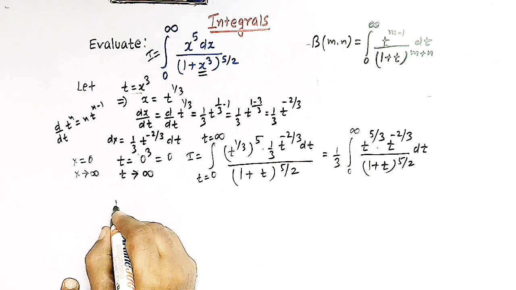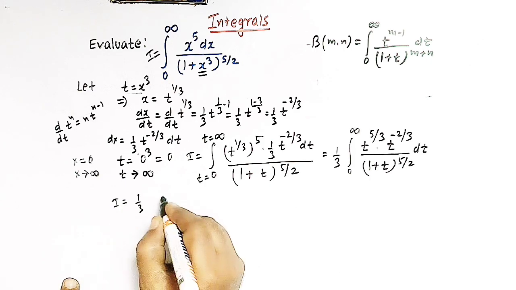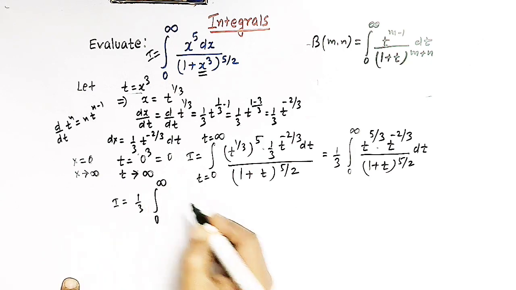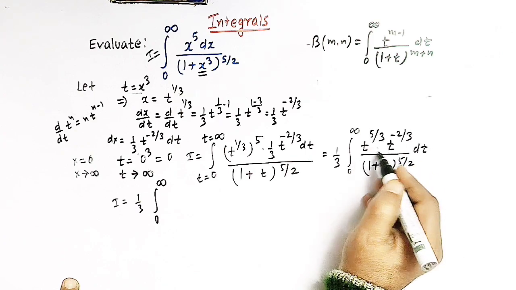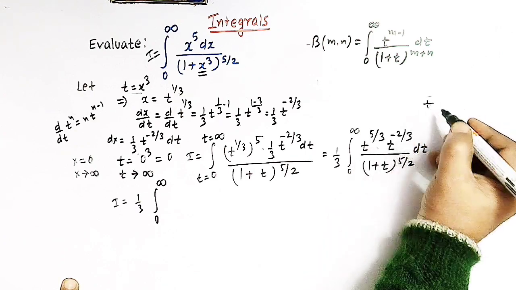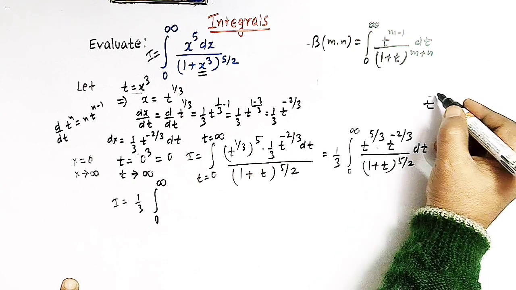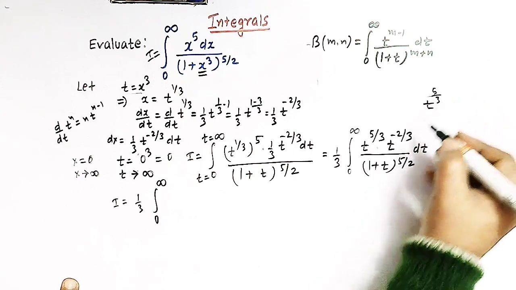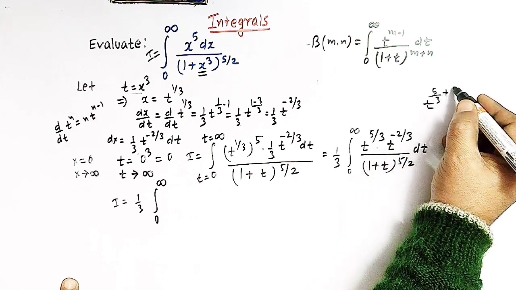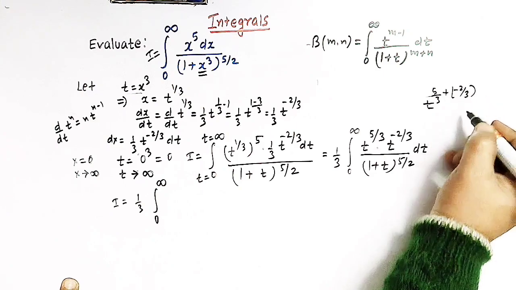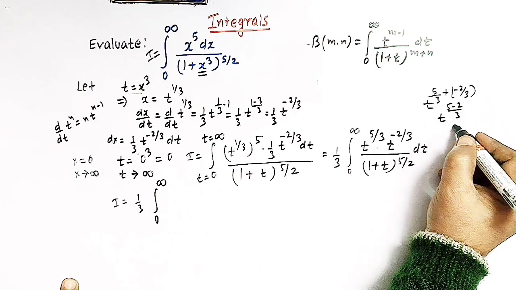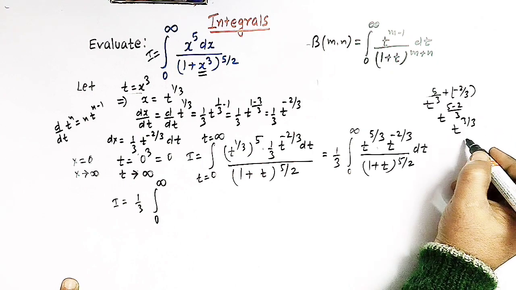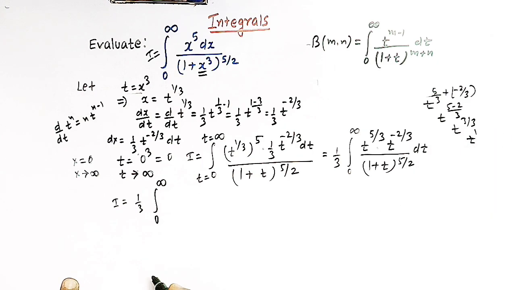So now we can write I is equal to 1 over 3, integral from 0 to infinity, and here we can apply the laws of exponents. Here the base is the same, so we can add the powers. So we have 5 over 3 plus minus 2 over 3, that is 5 minus 2 over 3, that is 3 over 3, and that is t raised to 1.